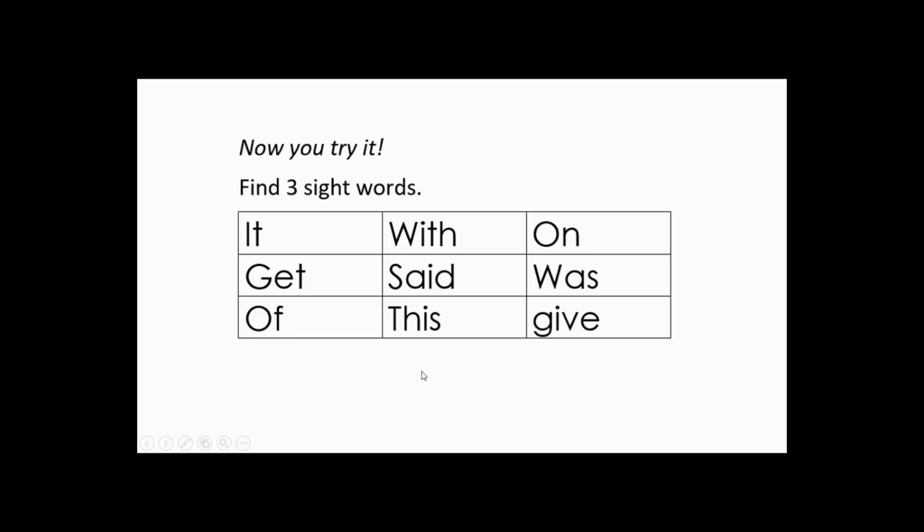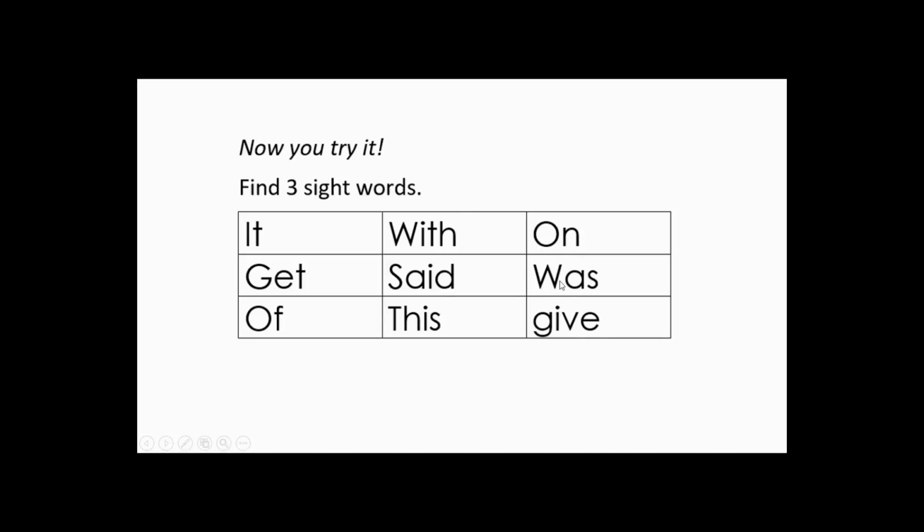In this column, there is 1 high frequency sight word. Yes, if we were going to say this, 2 vowels go walking, the first one does the talking and says its name, so this word would be "sayd," but it's not, it's "said." And in this column, there is 1 high frequency sight word. Or are there 2?